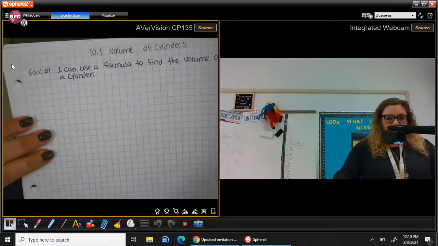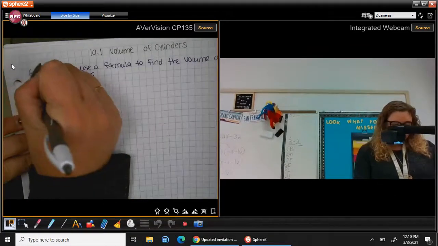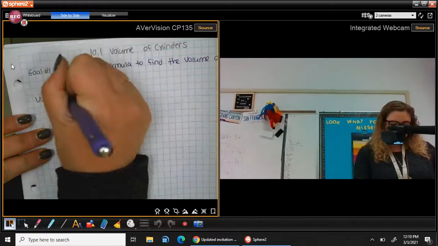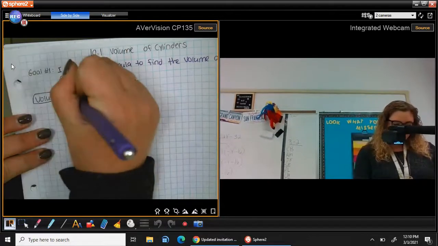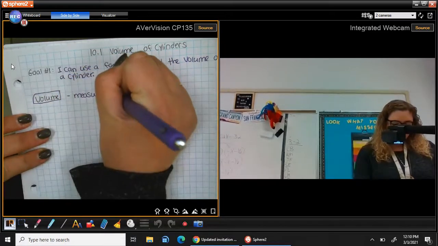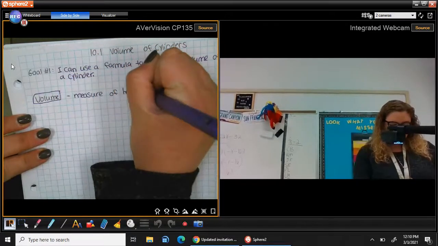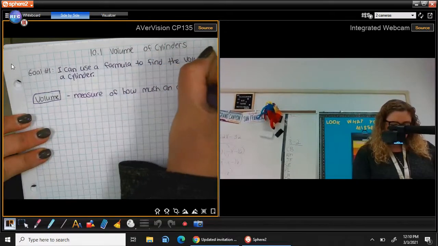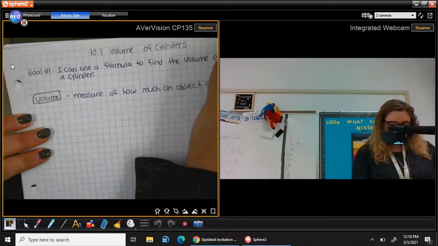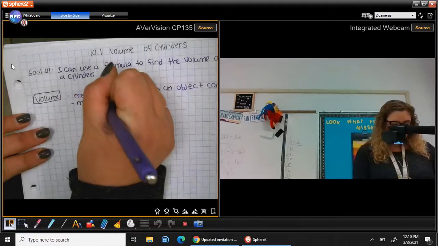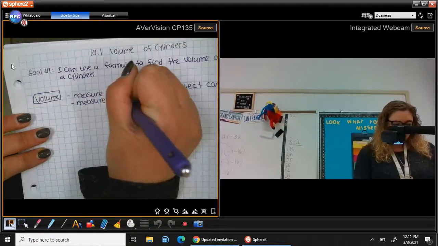So volume is a measure of how much an object can hold. And it is measured in units cubed.